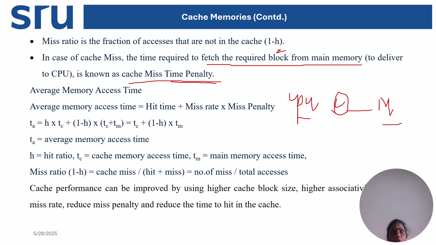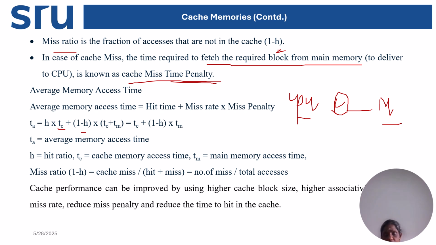So the average memory access time TA is equal to hit ratio H times TC, where TC is the cache memory access time, plus 1 minus H, the miss ratio, times TC plus TM, where TM is the time at which data is taken from the main memory.